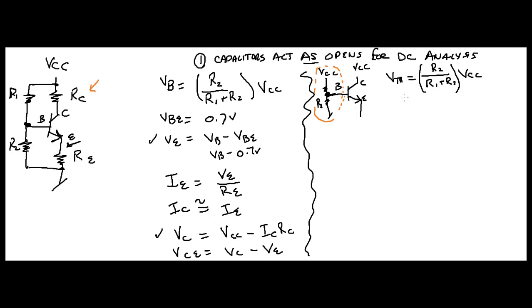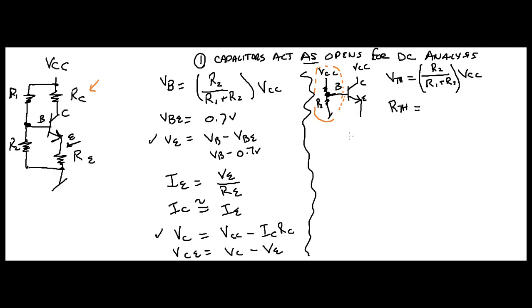Now, the other thing we have to do is RTH. And remember, when you do RTH, you replace your source with its internal resistance, and we're going to assume that the internal resistance is basically 0, okay? So when you do that, if you want to redraw these things, right?